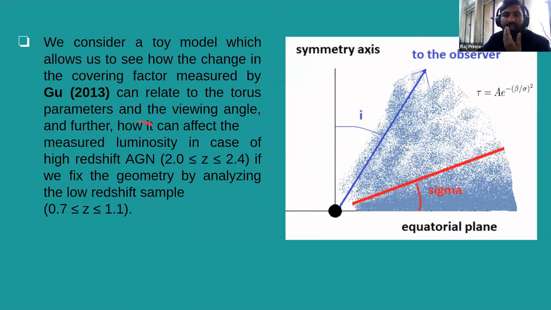So for that, in one of our works we have developed a torus model where we try to see how the change in the covering factor can relate to the torus parameters and the viewing angle, and how it can affect cosmology. Here we have shown this torus, where sigma is basically the opening angle of the torus, and there is the observer looking at viewing angle i.